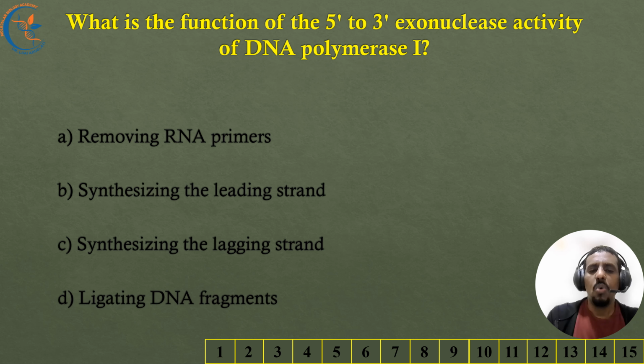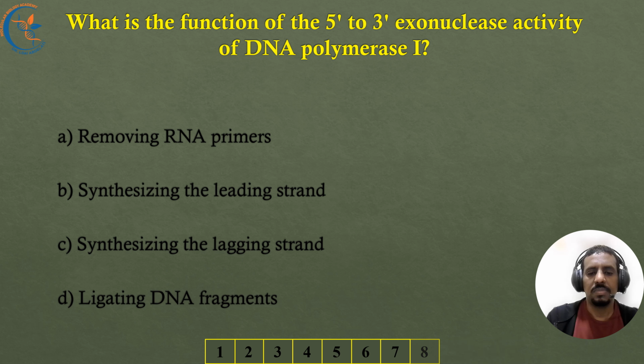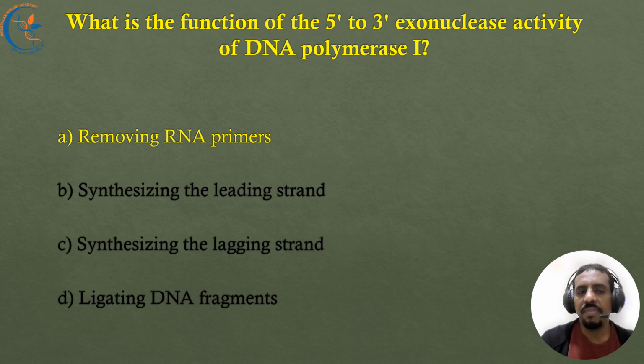Okay, next question. What is the function of the 5' to 3' exonuclease activity of DNA polymerase 1? The 5' to 3' exonuclease activity of DNA polymerase 1 removes RNA primers from the Okazaki fragments during DNA replication. So the correct answer here is removing RNA primers.